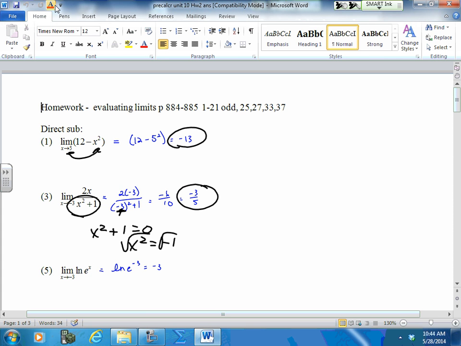So your y value for this would be -3/5, -0.6. If you put this in your calculator, it's even easier because you can go to your table. You can see there's a value there when x is -3. I wanted you to solve algebraically, yes, but confirm it in your calculator.